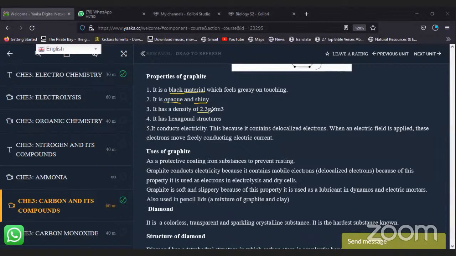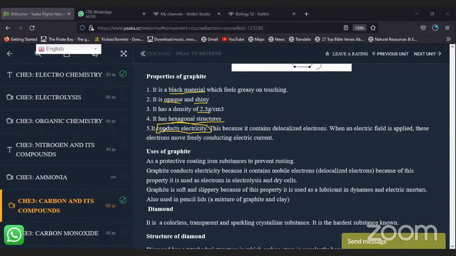Its density is 2.3 grams per cubic centimeter. It has a hexagonal structure, which we have seen. Okay, we have seen the hexagonal structure right there. It conducts electricity. And I'm going to ask you, why does graphite conduct electricity?